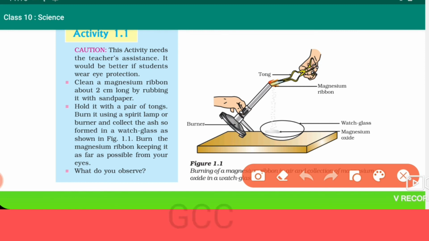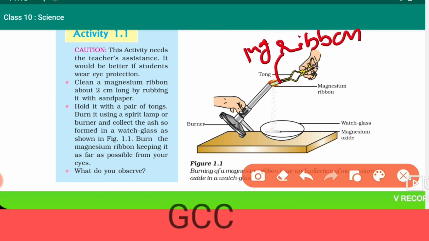This is the tongs, and in the tongs there is a magnesium ribbon, and this magnesium ribbon undergoes burning, and when it burns, you can see downside, the ashes of the magnesium ribbon are forming.